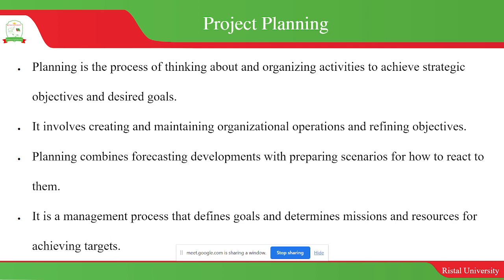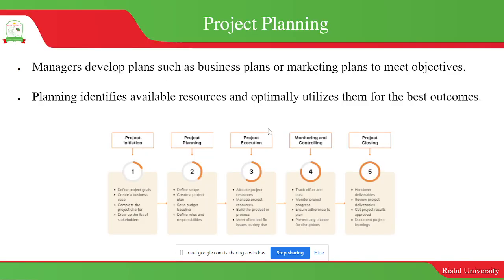You're aligning the objectives of the project with the operations, okay? And then also you look ahead to see what are the likely scenarios that can happen and how you can react to them, okay? And you also define the goals and determine the mission and the resources that you will use to be able to achieve the project targets.